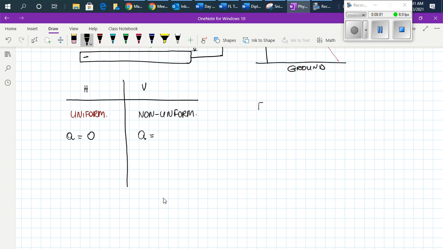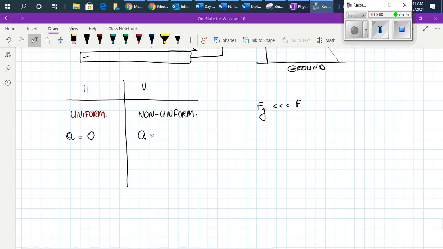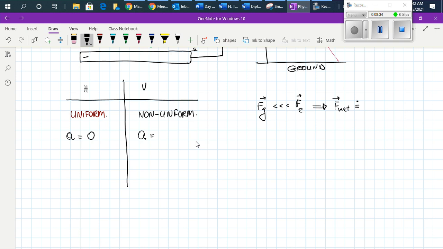The force of gravity is way, way smaller than the electric force that the particle is experiencing between the two parallel plates, which gives us the right to say that the net force, which is the vectorial sum of all the forces that the object is experiencing, is pretty much the same as the electric force.